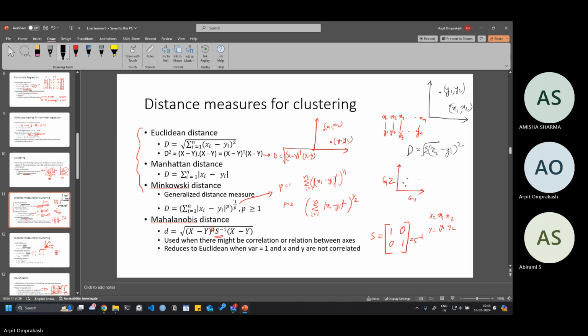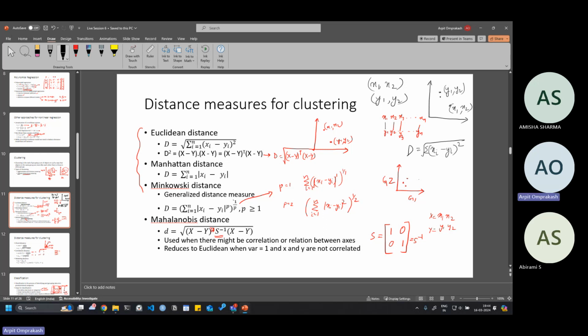So xi minus yi means you have these coordinates x1, x2 and y1, y2. What you are doing in Euclidean distance is taking this difference, squaring it, taking this difference, squaring it, adding both of them and taking the square root.